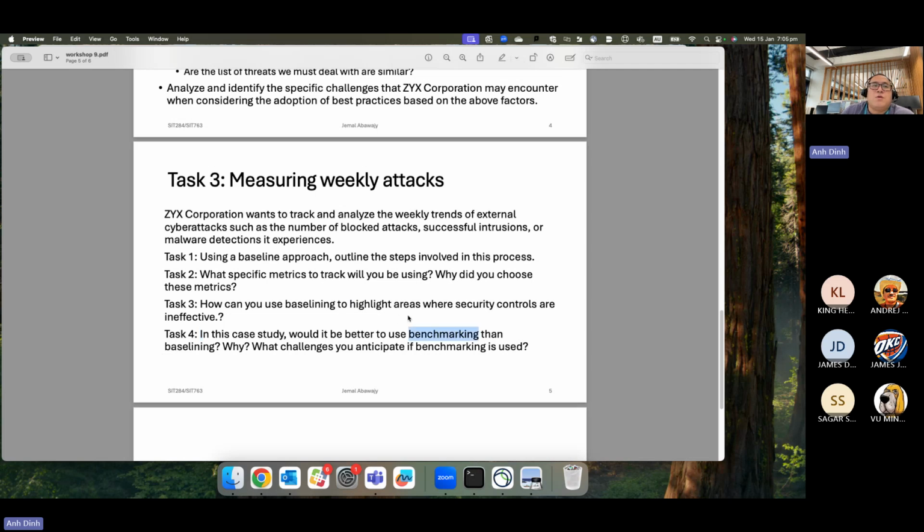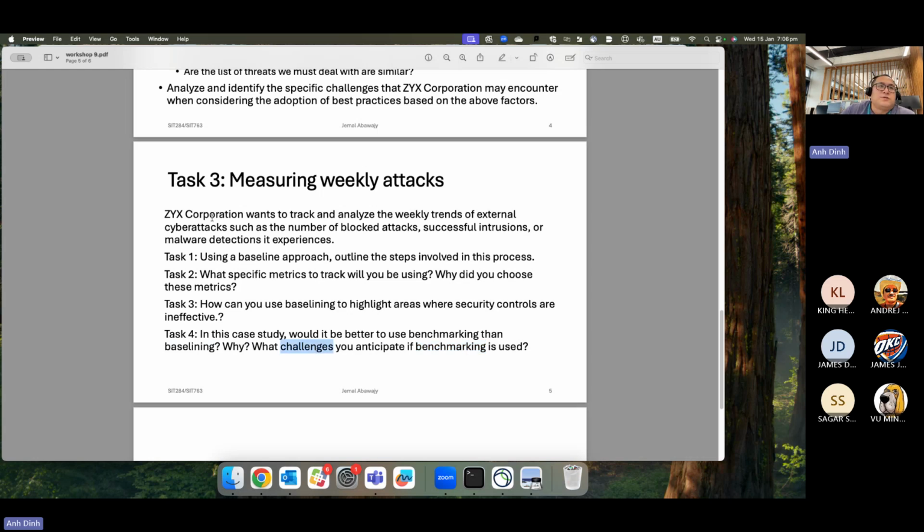So why would you do baselining if you can do benchmarking? Are they the same? What is the advantage of doing baselining compared to benchmarking, and what are the disadvantages? If you selected benchmarking, what would be the challenges that you think you would face?